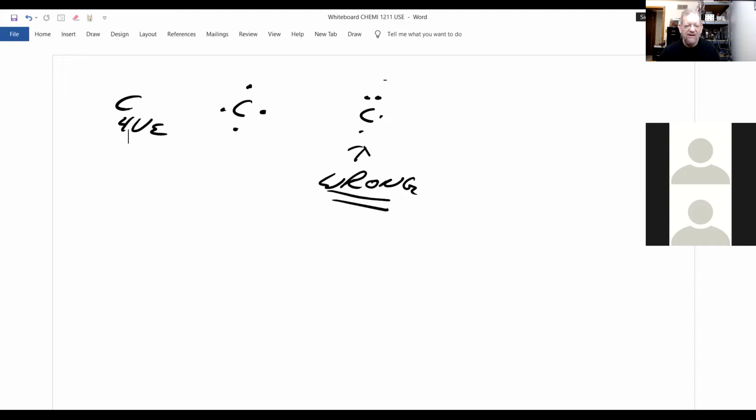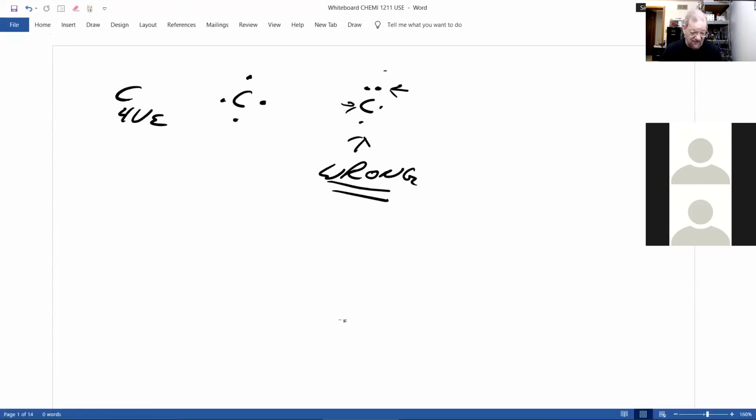This is wrong because you have a doubling up right here before each side has a single valence electron. So make sure you don't do that because I'll mark it wrong every day of the week.